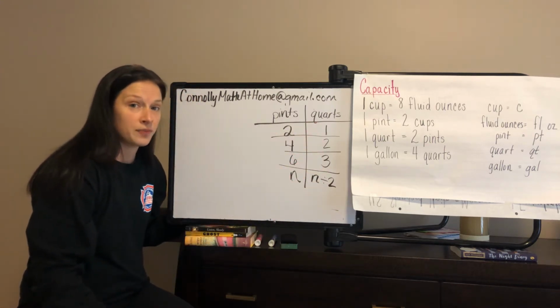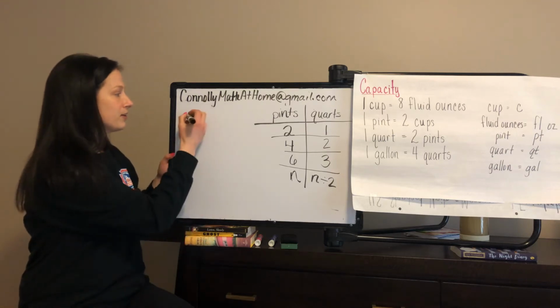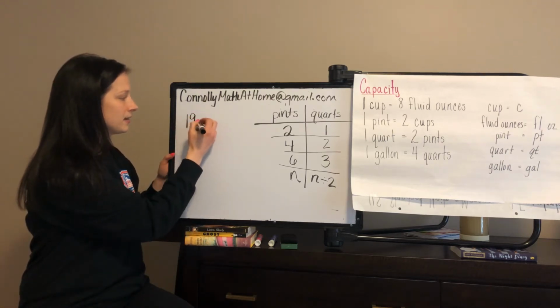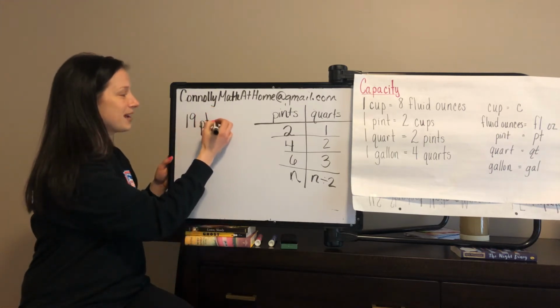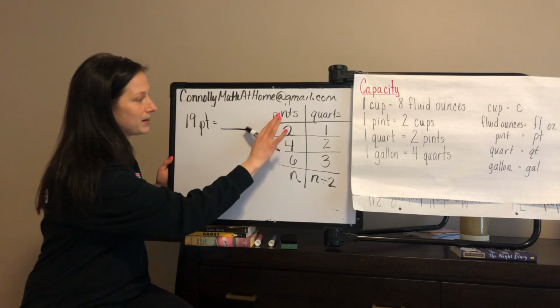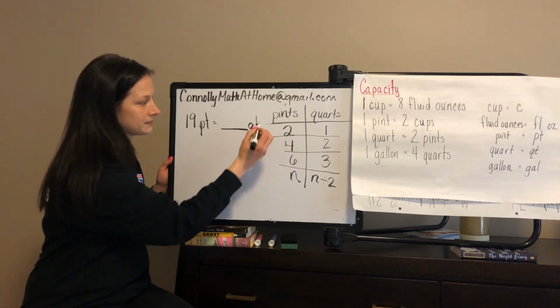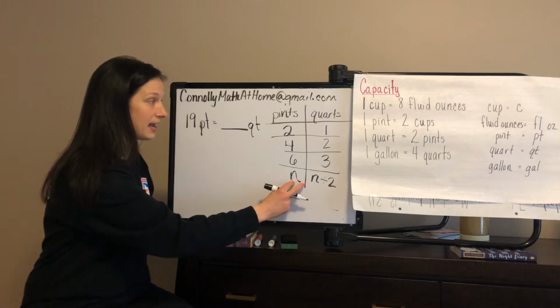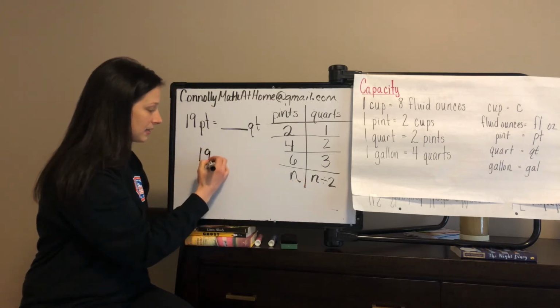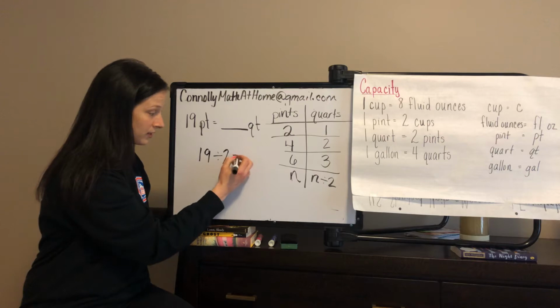Okay? So let's say that they're giving you 19 pints. I'm still learning the abbreviation. So you get 19 pints, and they want to know how many quarts that is. What you're going to do is exactly what your rule says. I have 19 pints. I want to divide by 2.